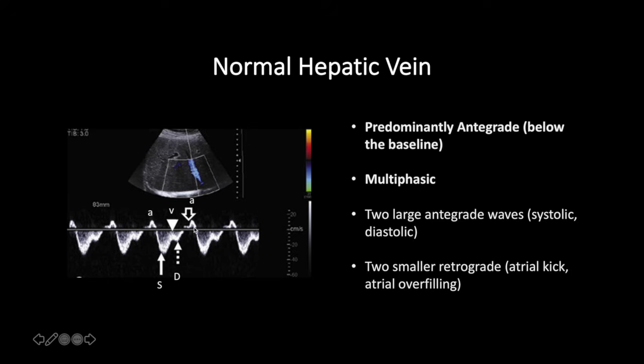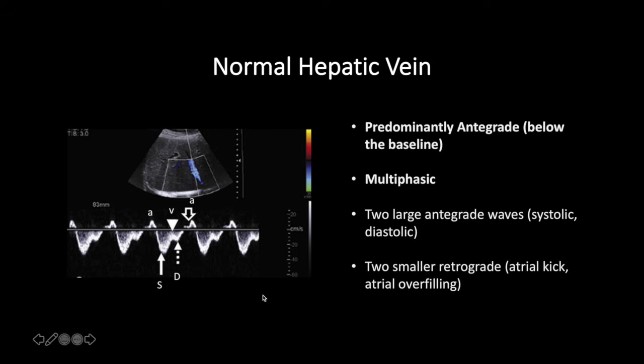So you have another atrial kick, and then systole, overfilling, valve opens, diastole, and then again the atrial kick. If that's confusing to you and it's hard to keep the cardiac cycle straight because it's been a while since we've done cardiology, just remember again: predominantly antegrade, multiphasic with 2 large antegrade waves and these two smaller retrograde waves.